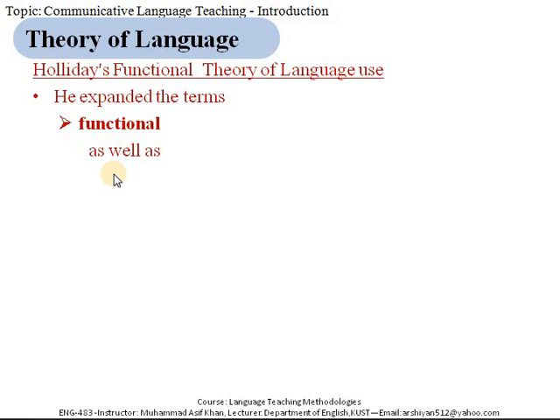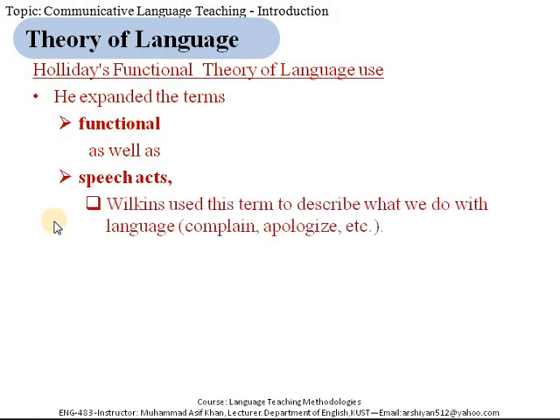Actually, he expanded the theory of Hymes to encompass the categories given below, as well as he included the aspect of speech acts. That is another term that was used by Wilkins to describe what we do with language.